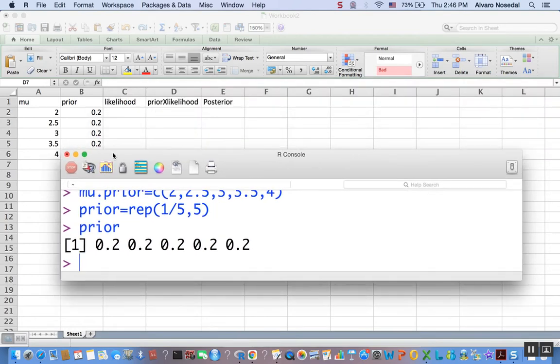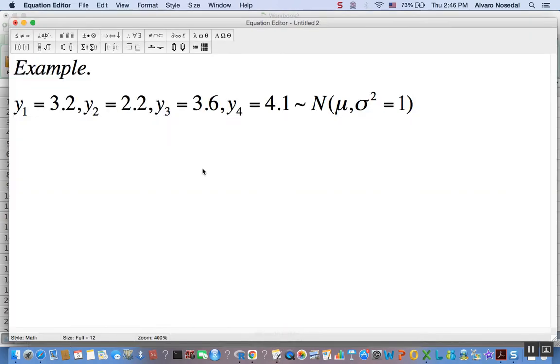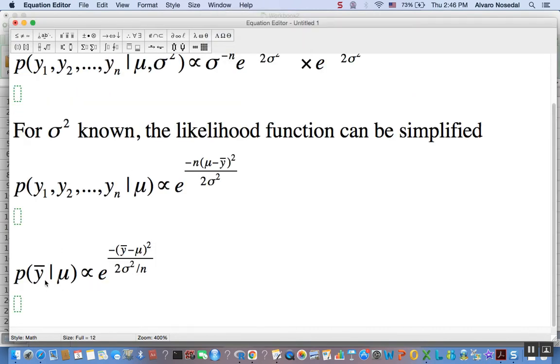Great. Now, we know that the likelihood is the same as evaluating the sample mean y bar for a normal with a mean mu and variance sigma squared divided by n.